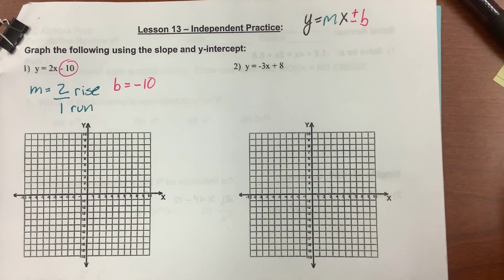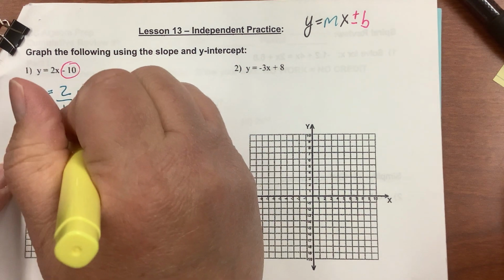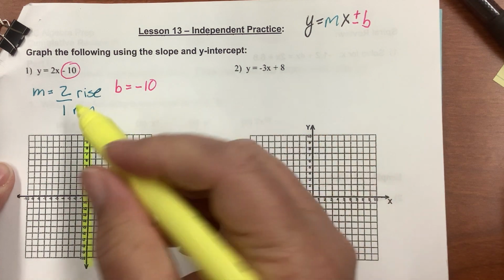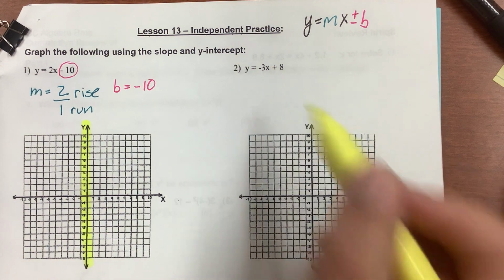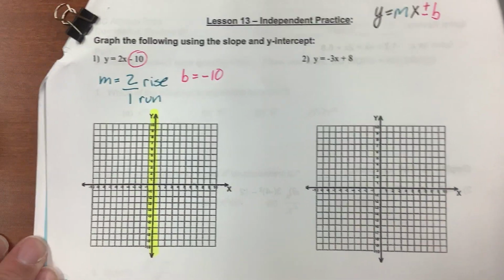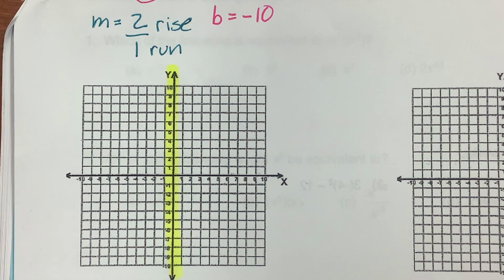Now, I like to highlight my y-axis in yellow, because in my head, y-axis begins with y, yellow begins with y. So I see it a little clearer in my head when I make it yellow. So let me move it to the middle and make it a little bigger so you can see what we're working on here. Now you begin at the b from the back of the equation.